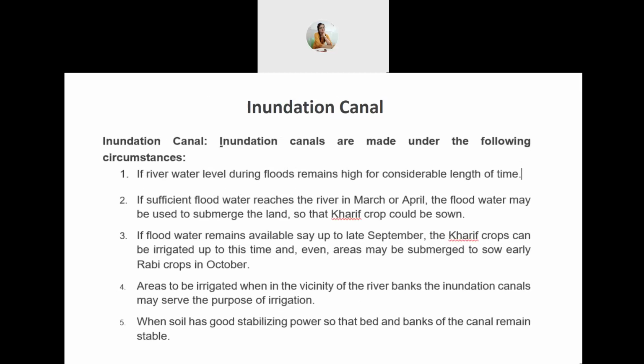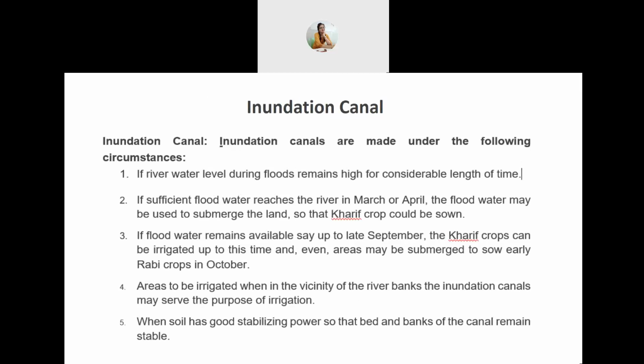Next, inundation canal. Inundation canals are made under the following circumstances. Number 1, if river water level during floods remains high for a considerable length of time. Number 2, if sufficient flood water reaches the river in March or April, the flood water may be used to submerge the land so that kharif crop could be sown.